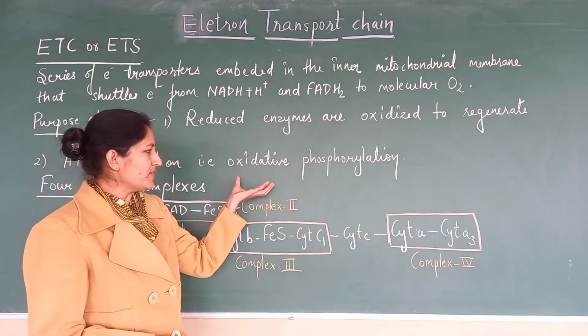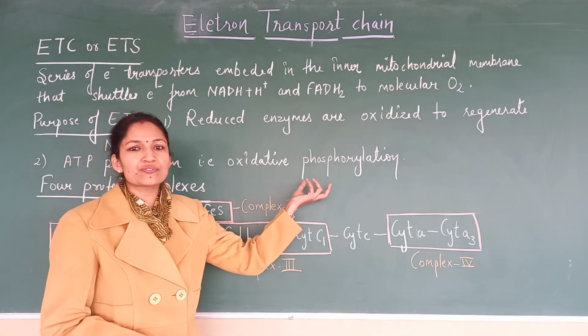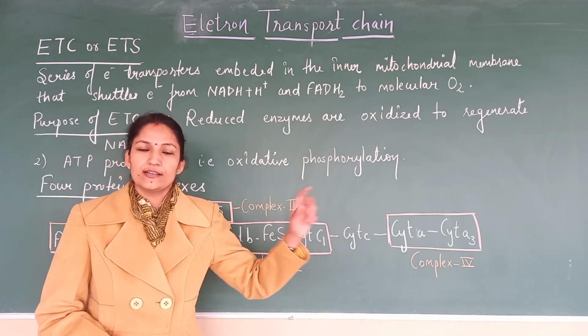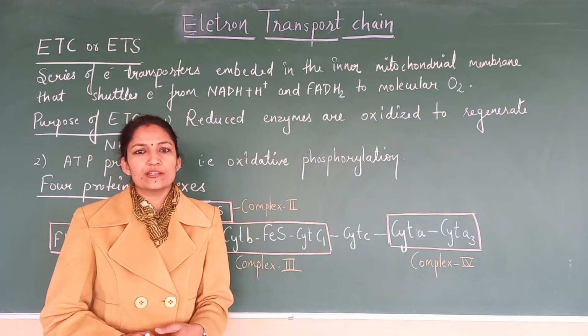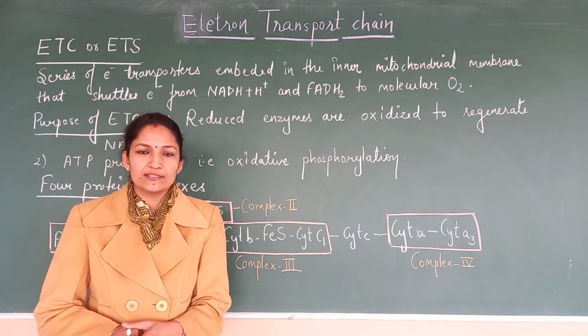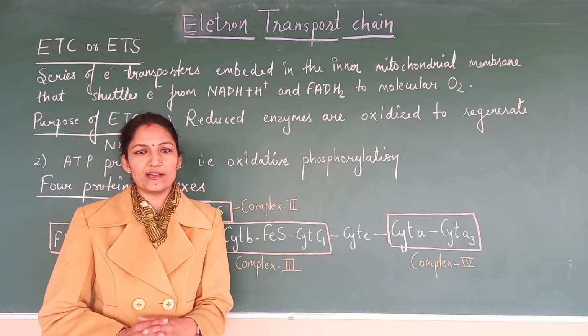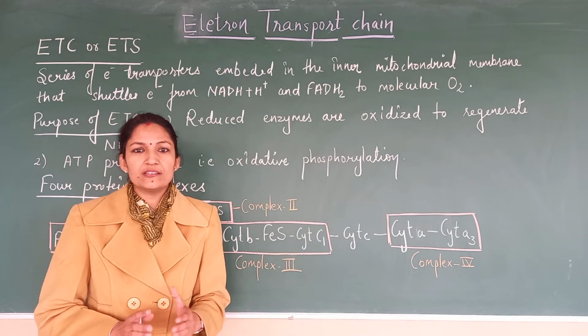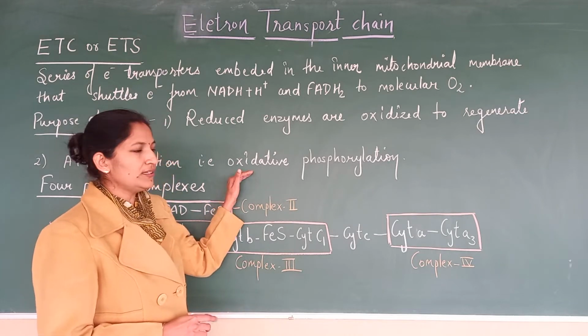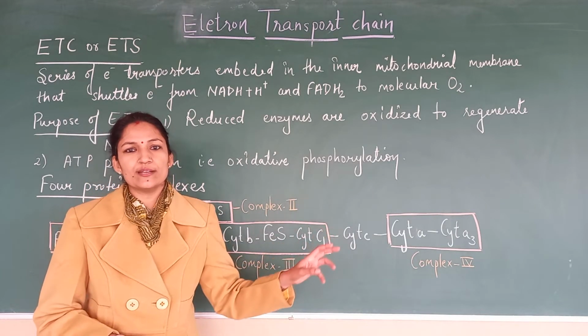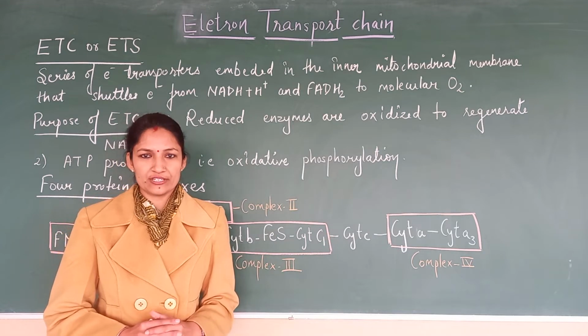So that's why we are giving the term oxidative phosphorylation. In our previous chapters, we have read about photophosphorylation, that is occurring in the chloroplast, in the presence of light. This one is as a result of oxidation, ATP is produced, that's why it is oxidative phosphorylation.